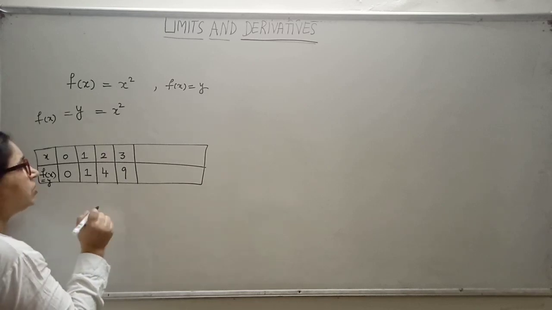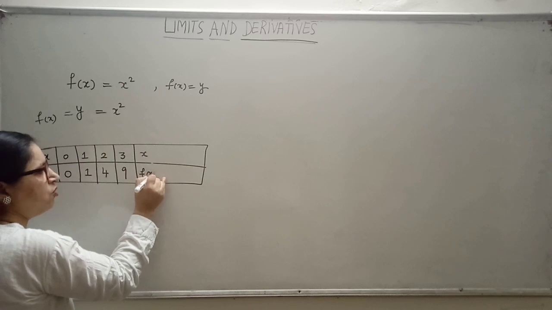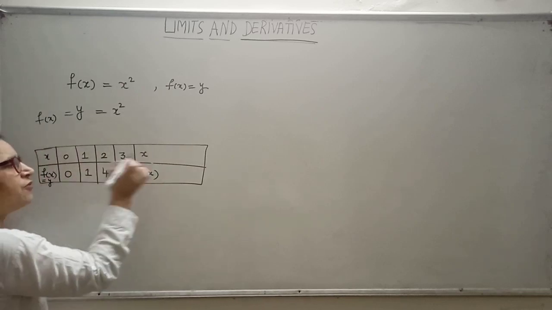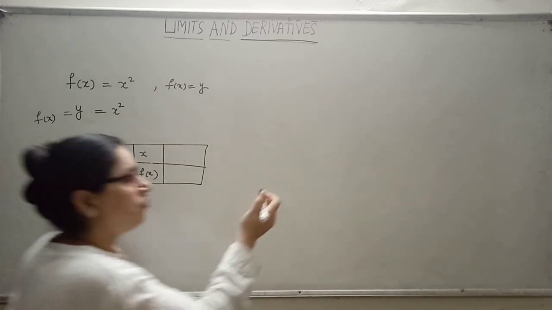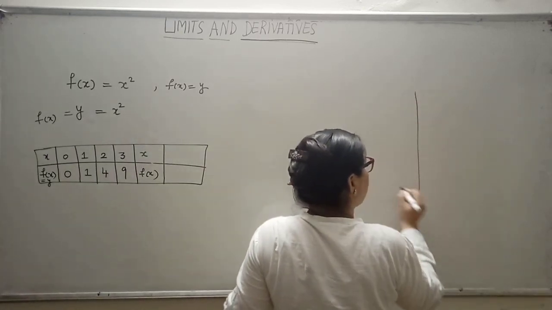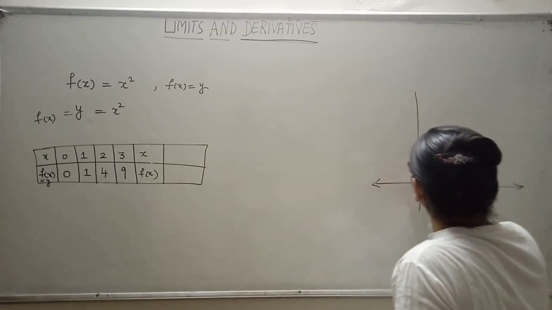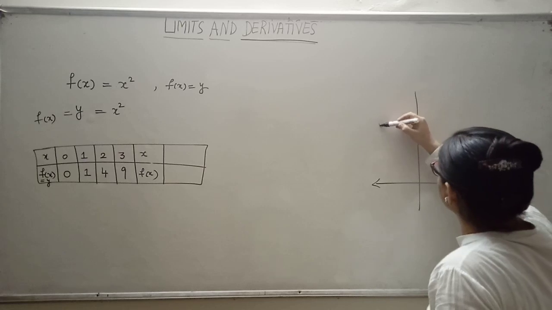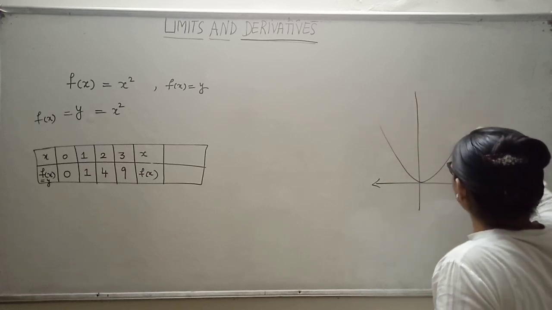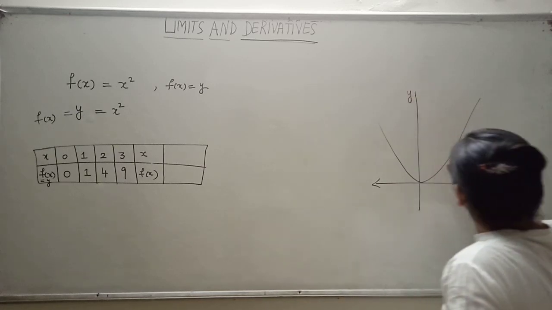Now, I know that if it is x, then it is f(x). I am making a little bit of change in x. If I show it to you graphically, suppose there is a graph, the same graph, then this will be like this. This is x, this is y.